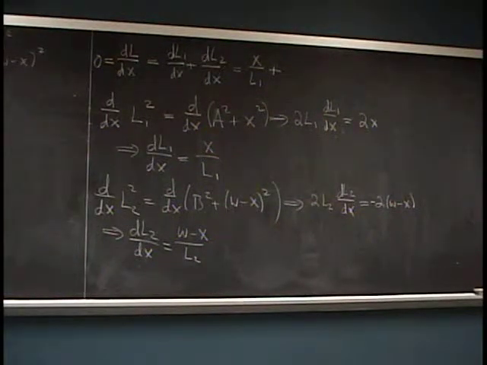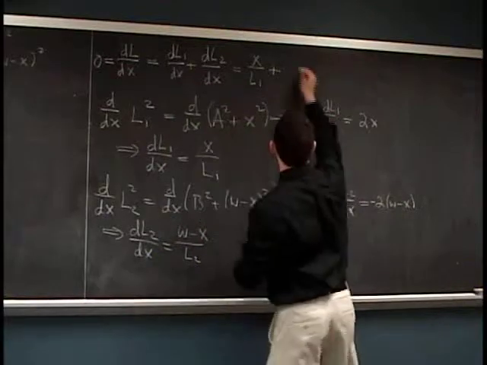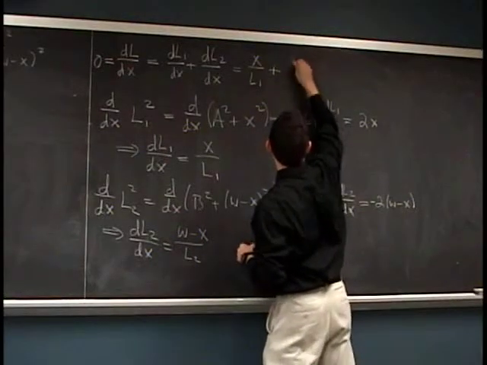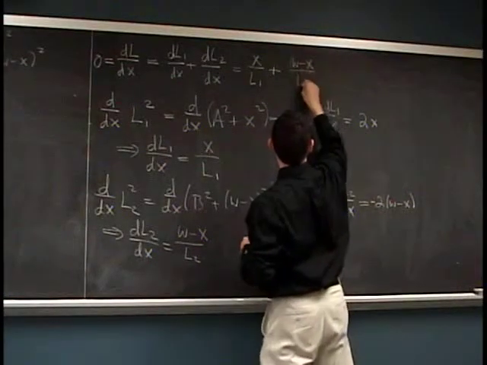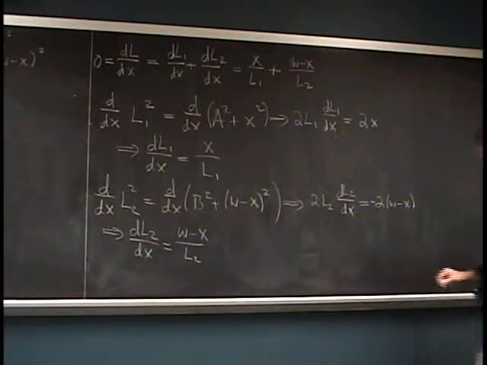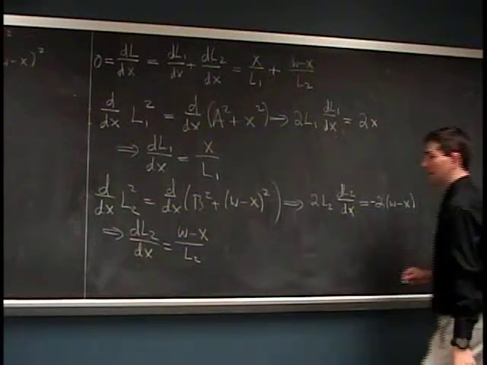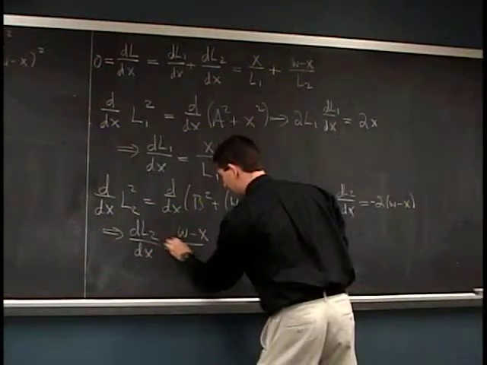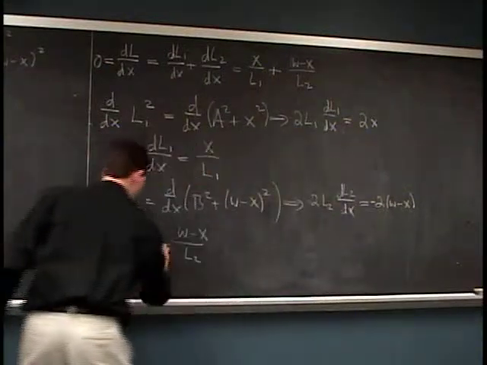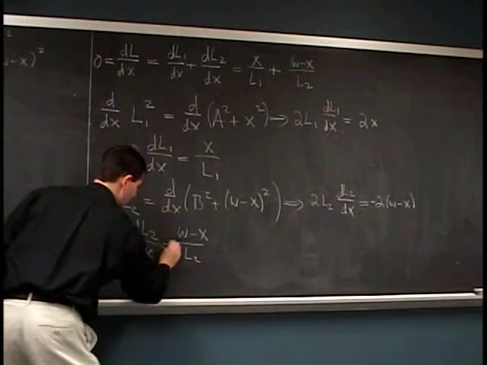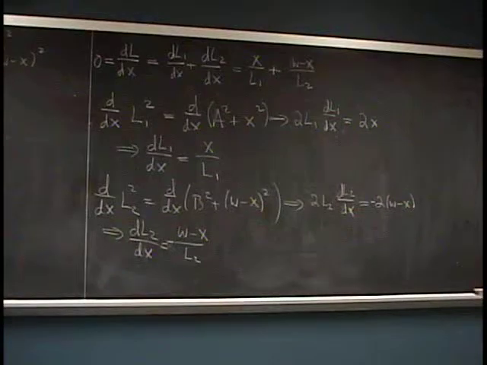And I can plug that into my equation on top. Oh, wait, did I make a mistake? This was minus 2 W minus X, so this should be minus. You gotta watch those minuses.